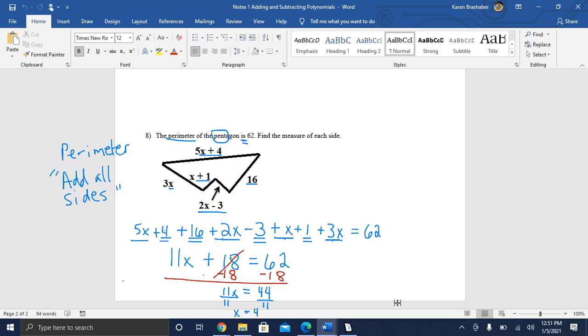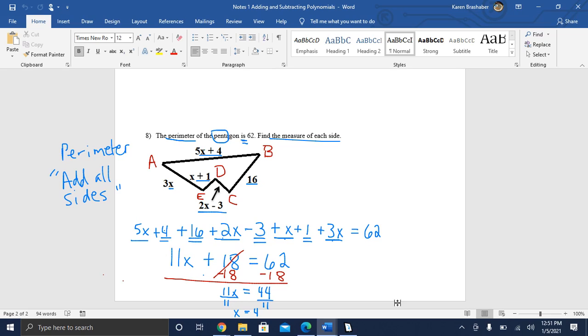Now we want to make sure that we answer the question that was asked and not just stop at what x equals. It did ask us to find the measure of each side, and it might be nice to put some letters on these sides so that we could refer to them that way. So I'm going to do that. This will be A, B, C. I'm putting them at the vertices, at the vertex point of each angle.